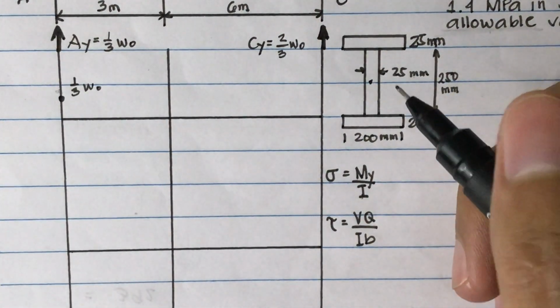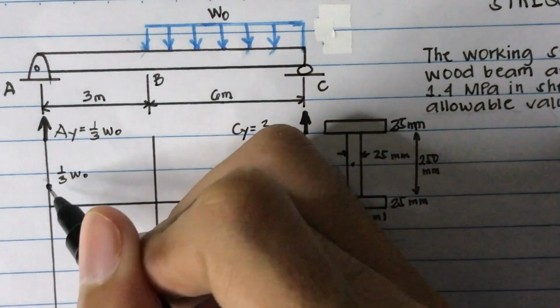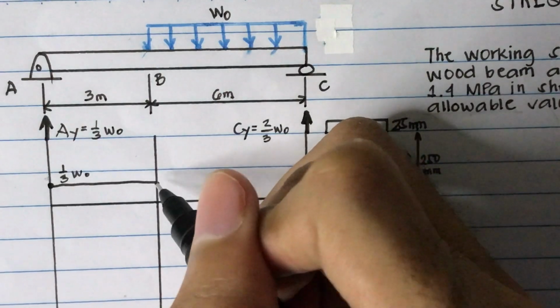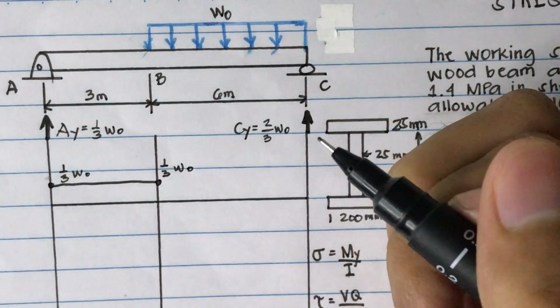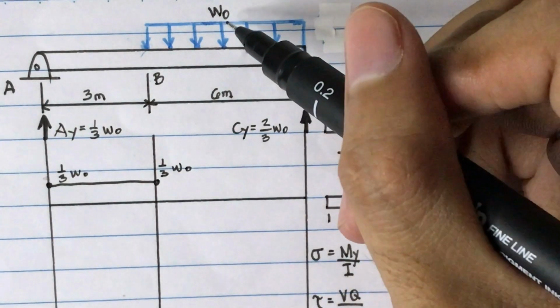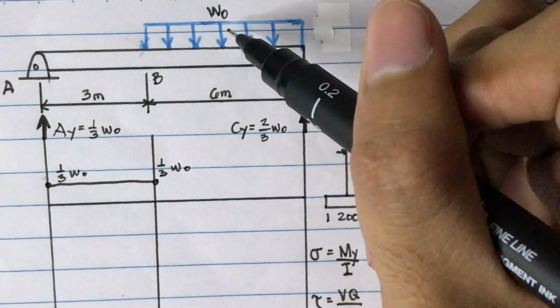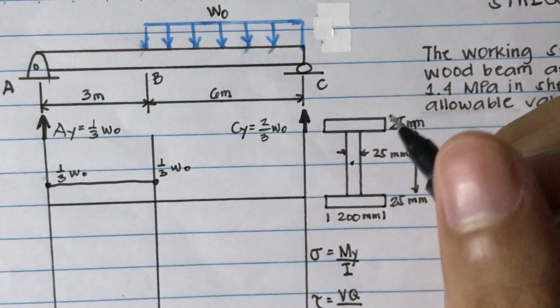So next is no load. So a horizontal line here at 1/3 WO. Next load is WO. So 1/3 minus WO will get a negative 2/3 WO.